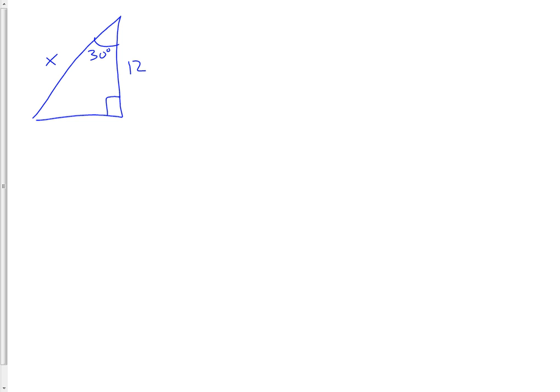Again, first thing I always need to do is label my three sides with my HOA. The side across from the right angle is my hypotenuse. The side across from the angle is my opposite side. Therefore, the remaining side must be my adjacent side.